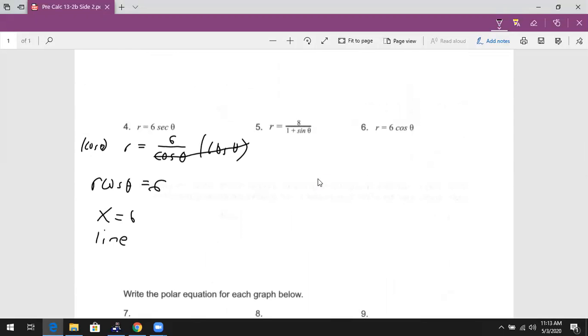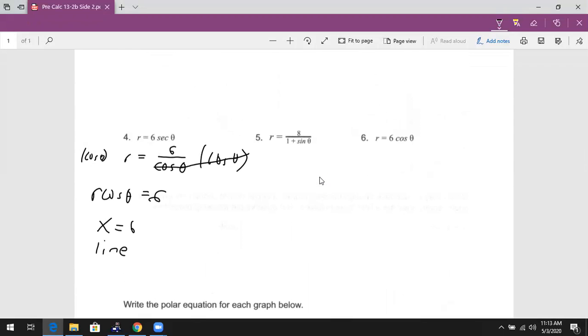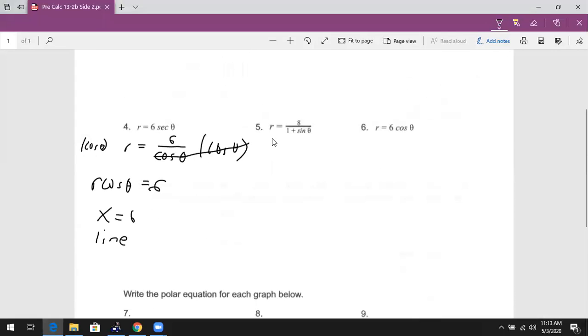Number 5 is going to be very similar to 3. Take both sides times this denominator, r times 1 plus the sine of theta is 8.